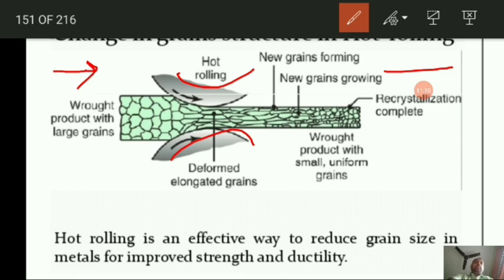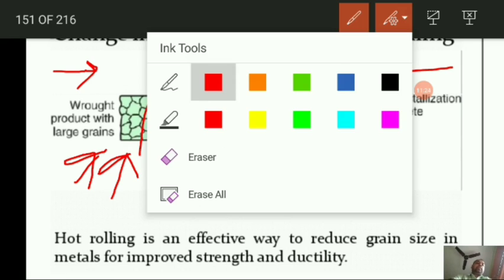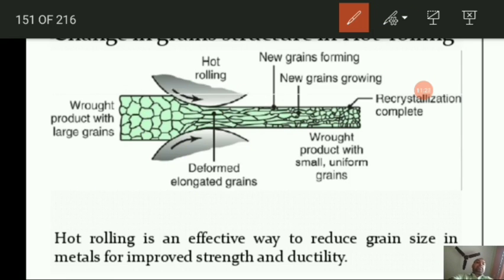So at the entry you can see the grain structure looks somewhat like this, okay. Now after being compressed or rolled, the grain structure changes. So you can easily see the difference in the grain structures.